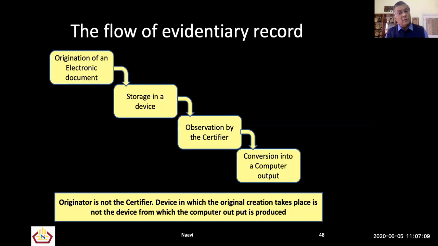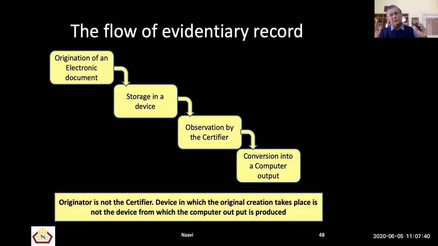Then observation may happen by the certifier in a different device, and the person who observes it converts it into a computer output. So there may be multiple devices involved in this process, and the certifier will only certify the computer which he has used for producing the computer output. The courts even today are not fully aware of this nature.